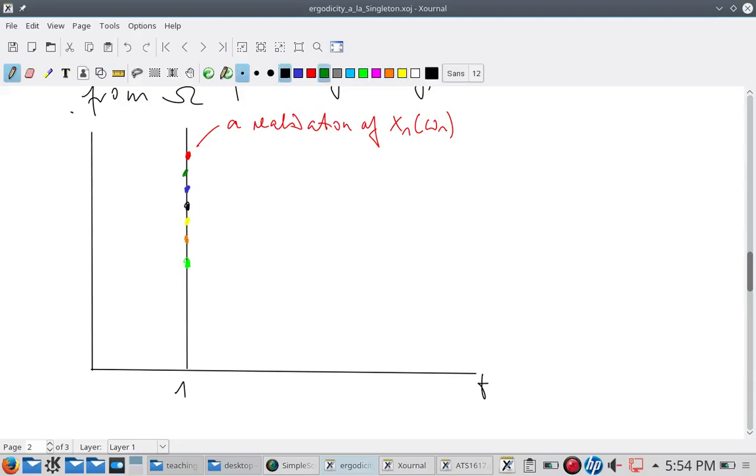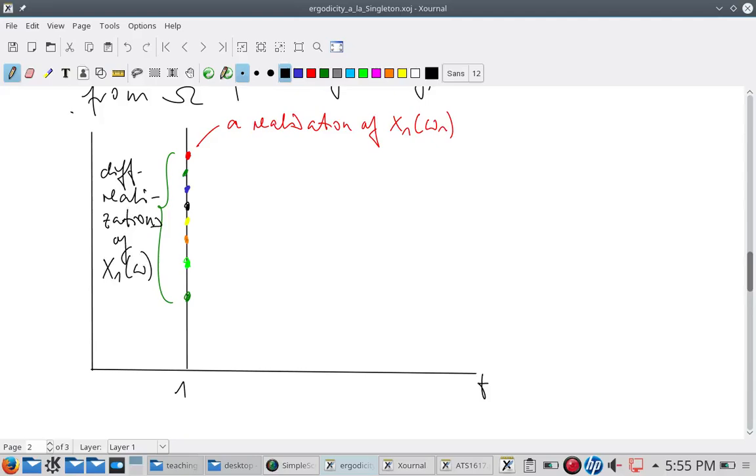I observe different realizations of x1. That's what we see here. So we have different realizations of x1 as a function of omega.